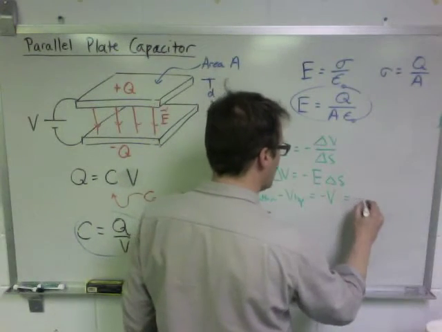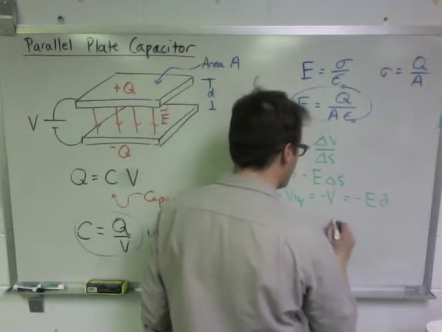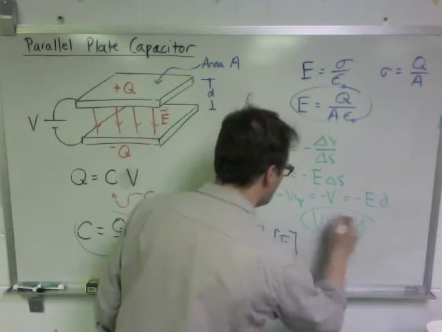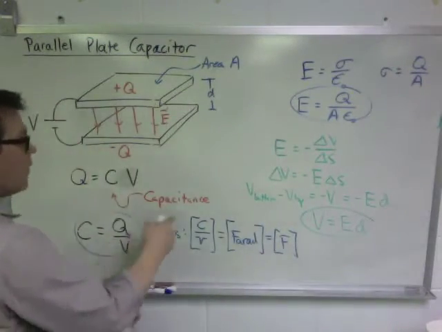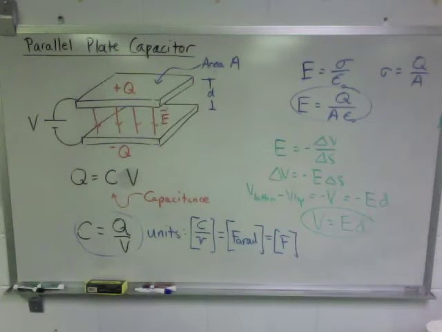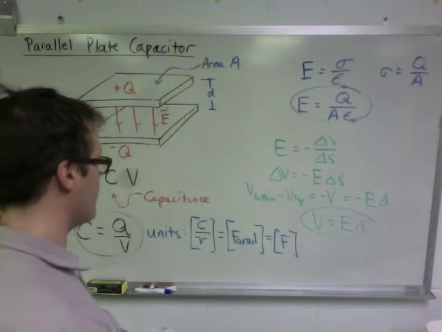That would be equal to negative E times delta S, which in this case is d. So really this comes out to a very simple expression, V equals E times d. So I'll put a circle around that too. So right now, already, just by playing around a little bit, I have three useful relationships between the various quantities in my capacitor.